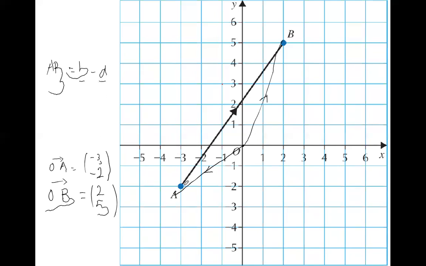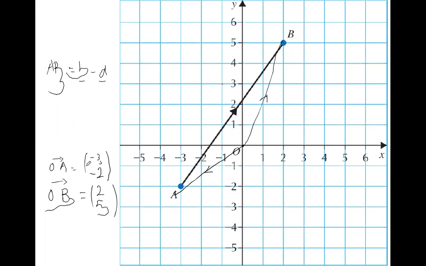Because to go from A to B, we need to go opposite OA. So that would be minus OA plus OB. And that's why we said, okay, it's going to be B minus A.